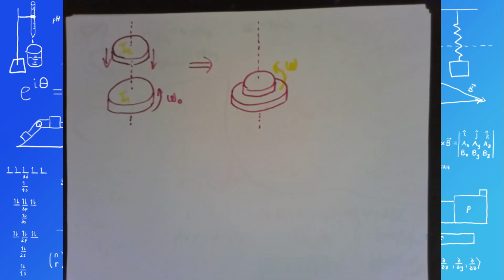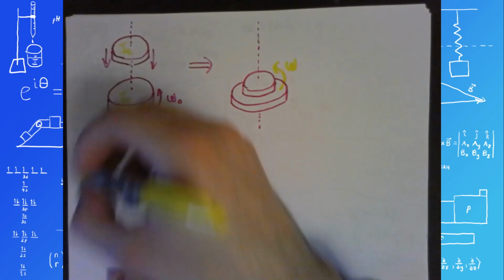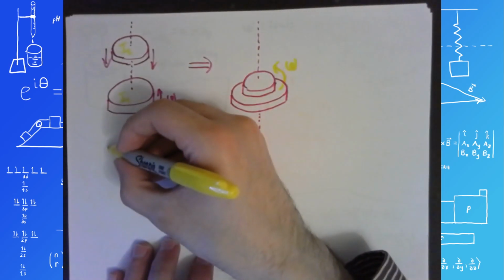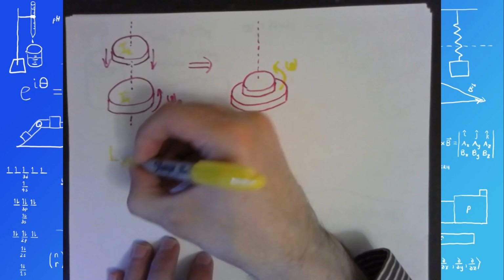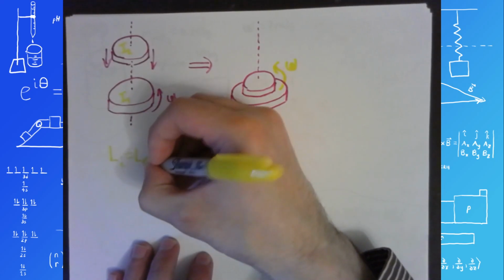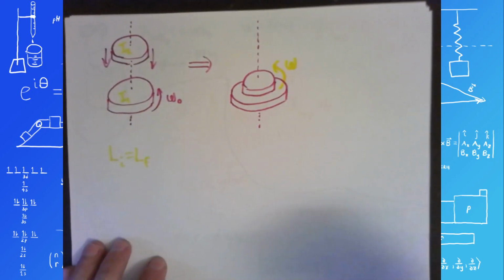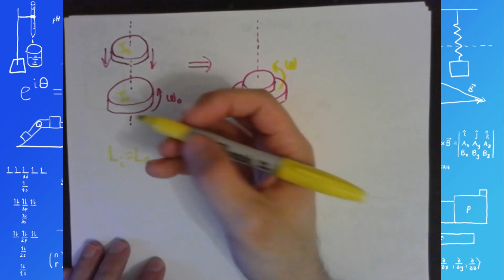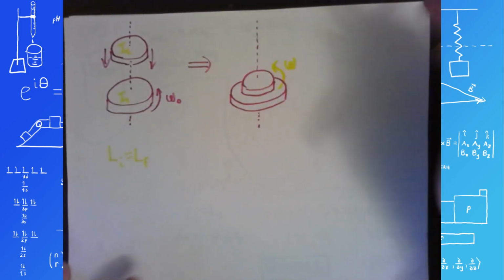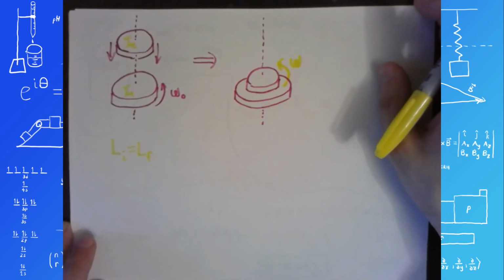We can apply conservation of angular momentum here. Let's see, so that would be L initial equals L final. So I guess this time I'll just write it kind of the way you would traditionally do it for linear collisions.